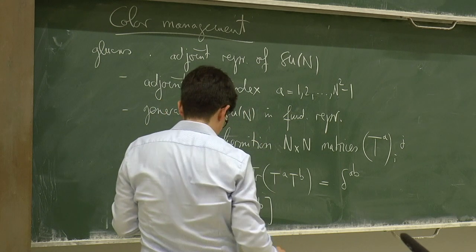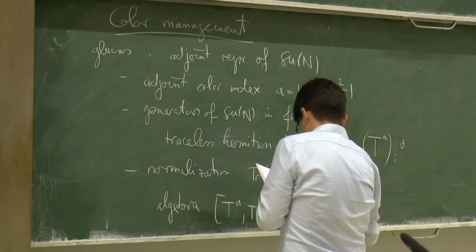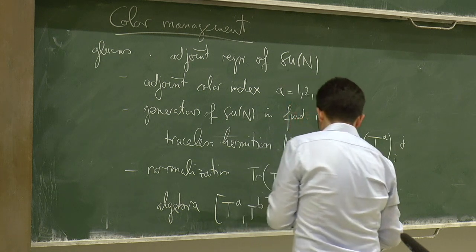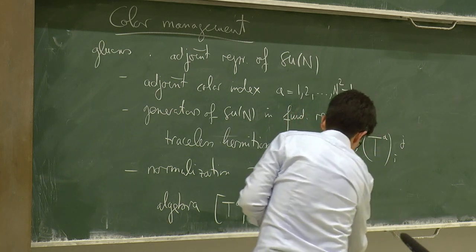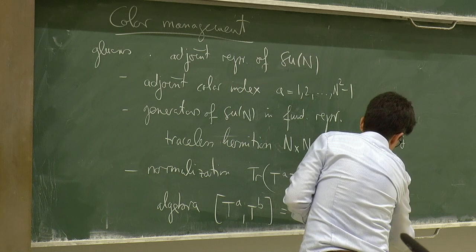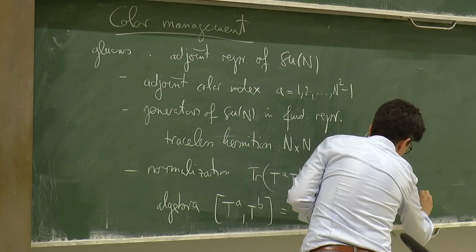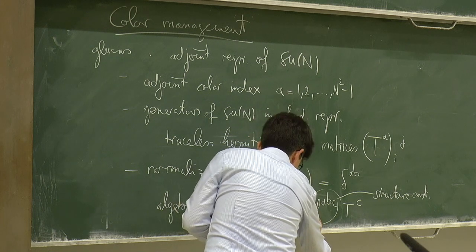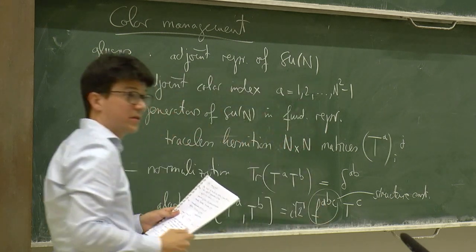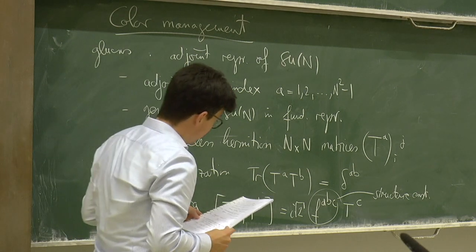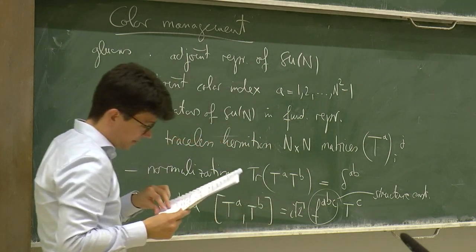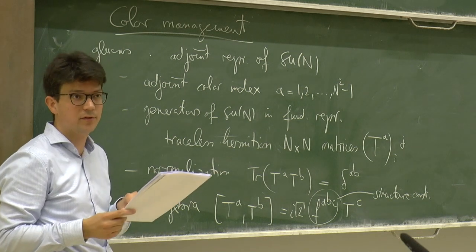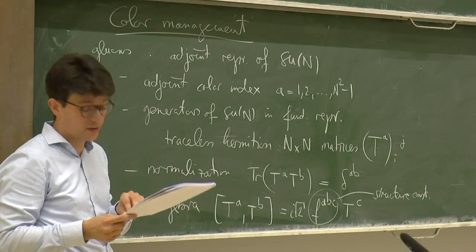The commutator is basically the structure constants of SU(N) times the generator. In my convention here, there's an i square root of 2 in this relation. I think essentially this helps remove some other factors of root 2 elsewhere in the amplitudes. So this is purely conventional.